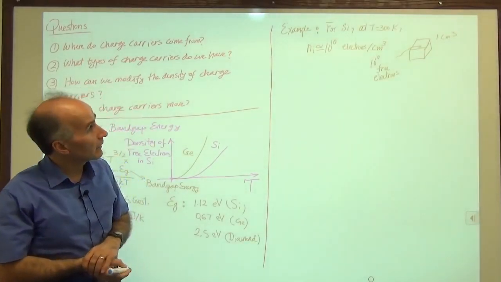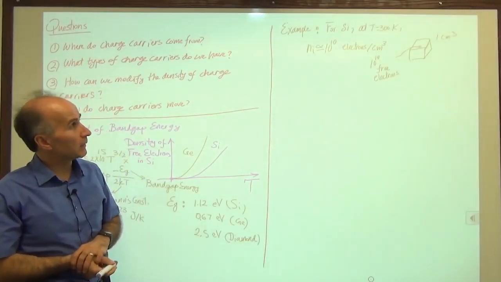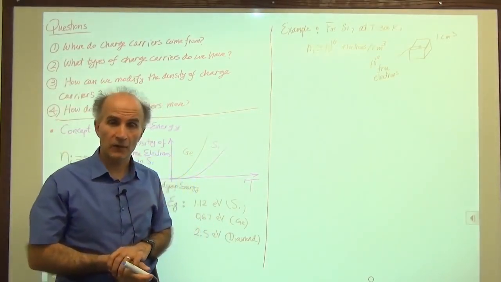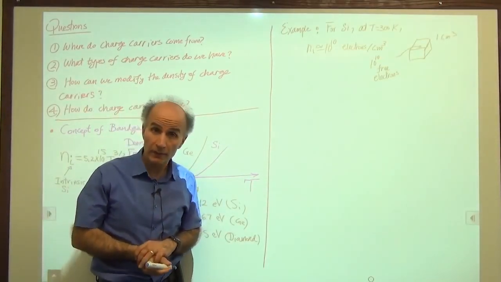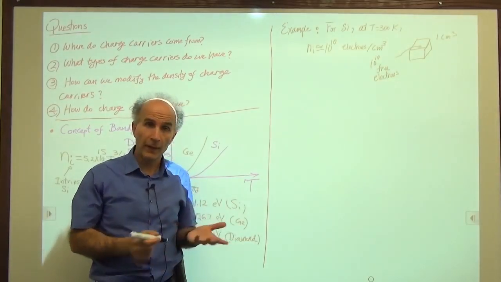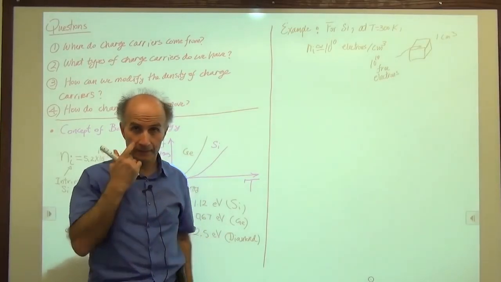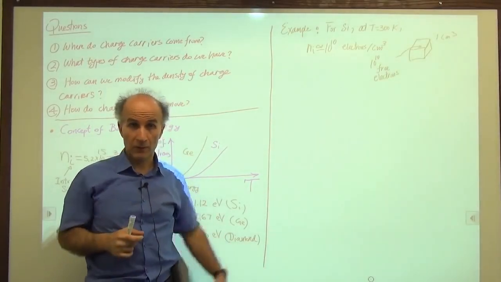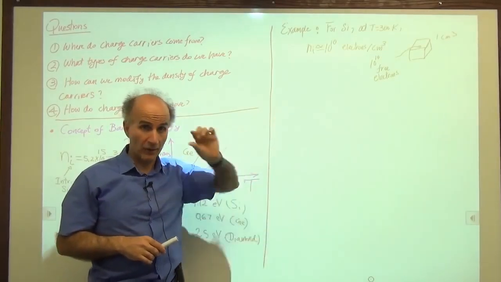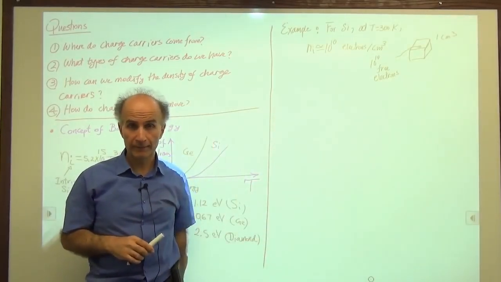All right, now this number, 10 to the 10 electrons per cubic centimeter, doesn't have too much significance for us. We don't know if this is a large number or small number or what. So somehow we have to compare this with something else. We don't know if this is considered a really good conductor because we have 10 to the 10 electrons in 1 cubic centimeter or not.